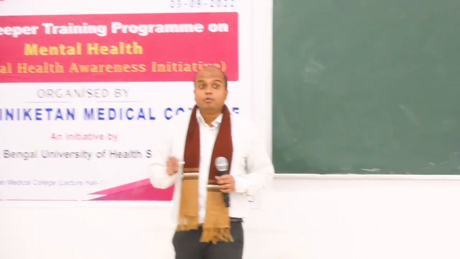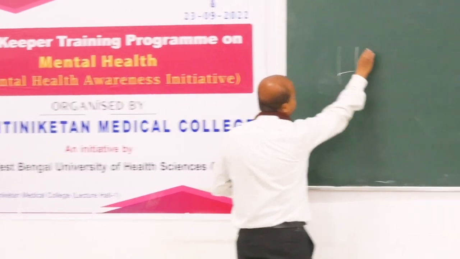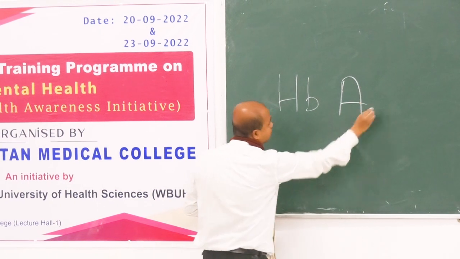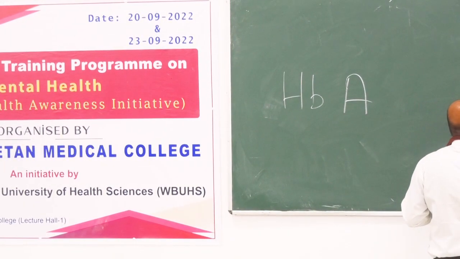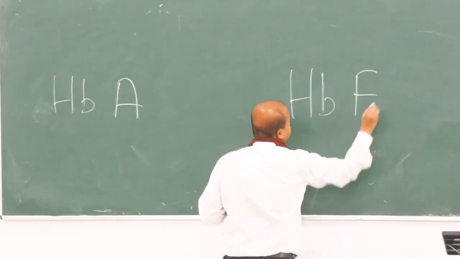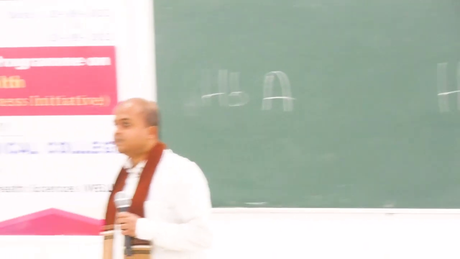Now the hemoglobin chains, there are actually two kinds. Adult hemoglobin is written in short form as HbA, and fetal hemoglobin is written as HbF, fetal hemoglobin in the fetus, inside the mother's womb.